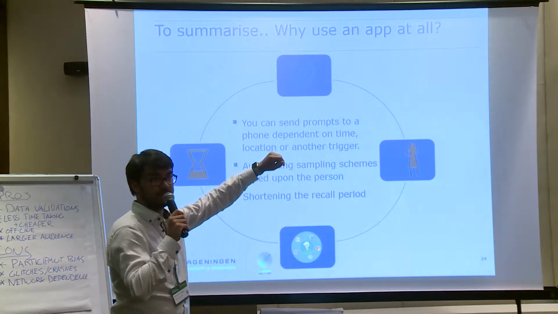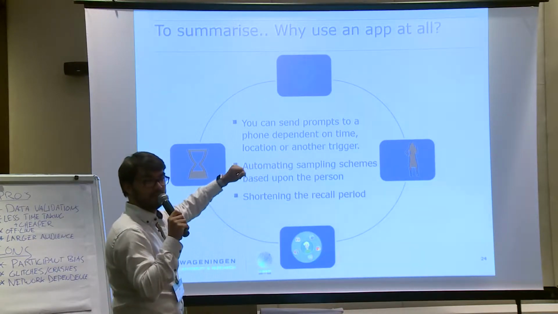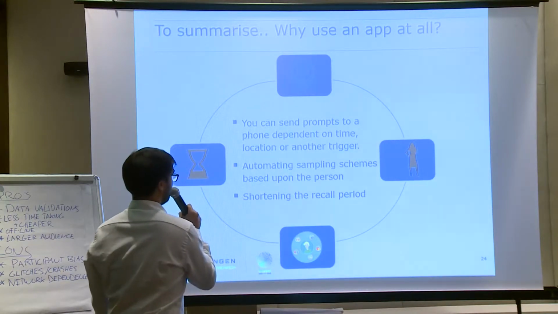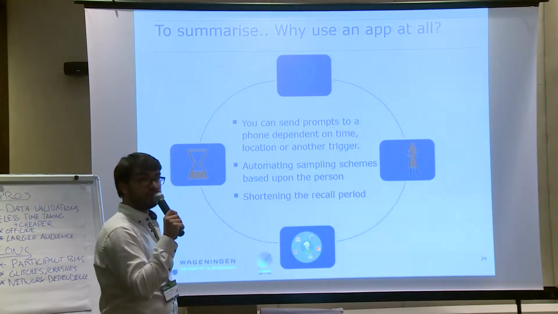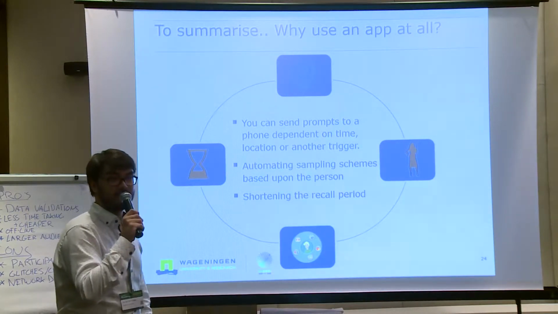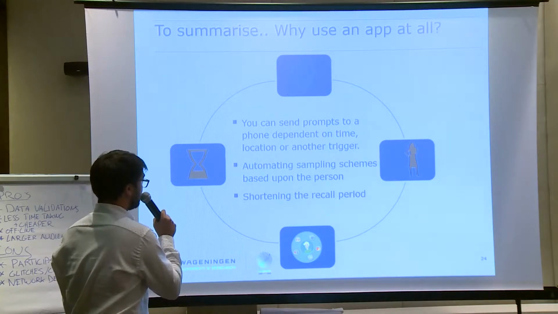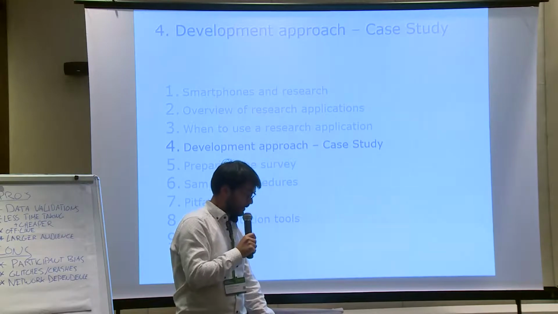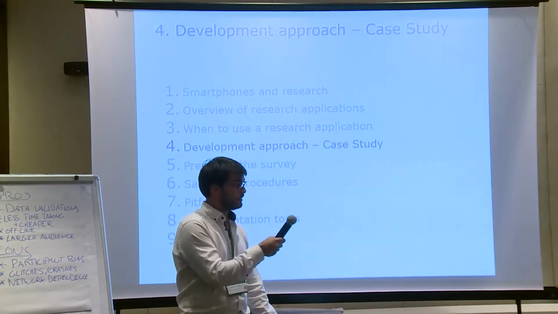We can also ask, if my heart rate rises, what I've been doing or eating. Those kinds of things are all possible. Automating sampling schemes was also specifically mentioned, and shortening the recall period. And then I think, your turn again.